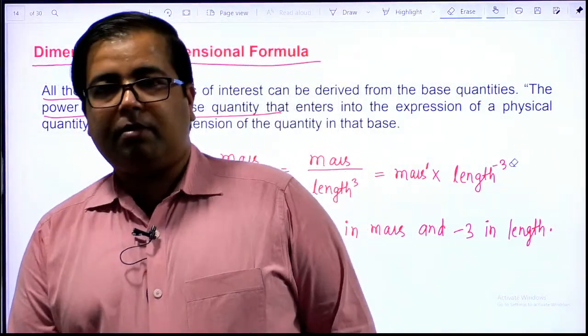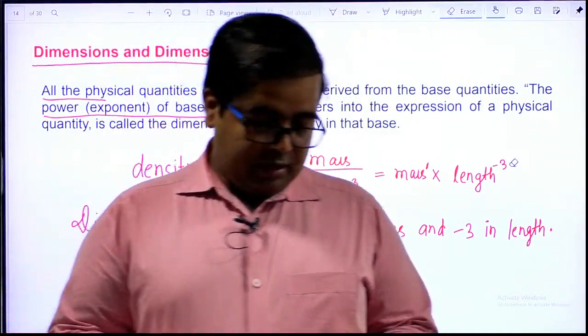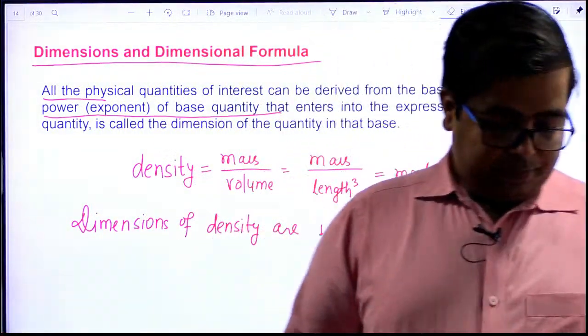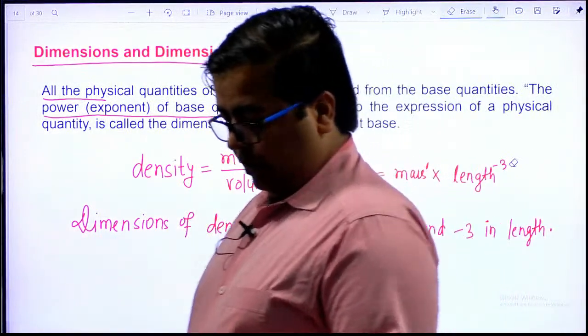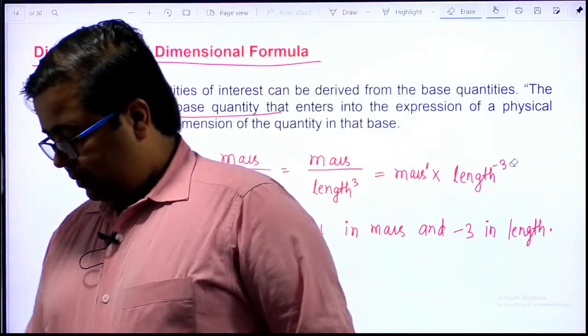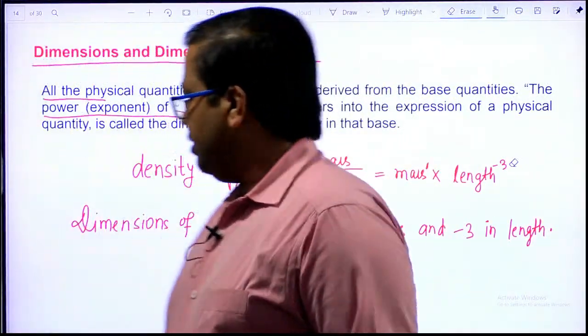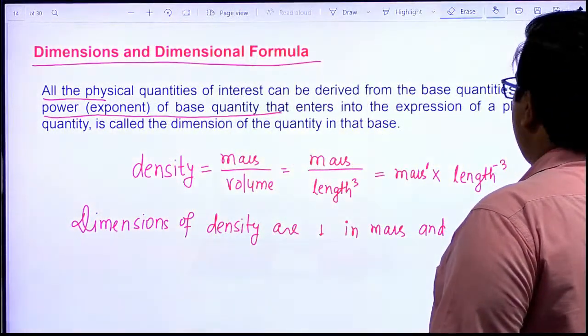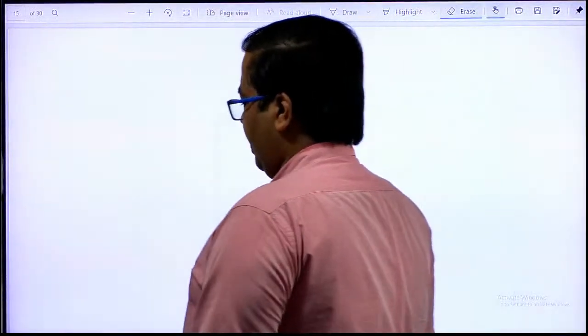Let me see some comments. Okay, let's take another example. We have seen density. Now write acceleration.